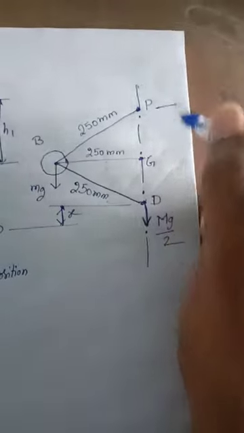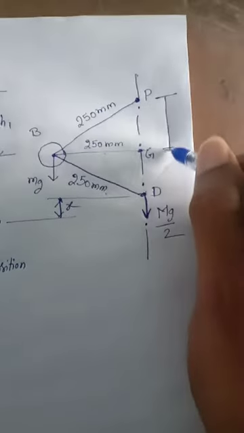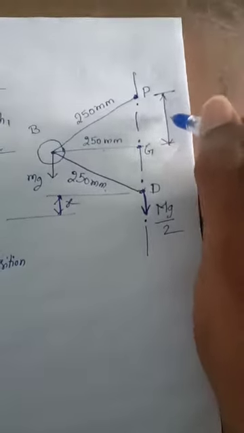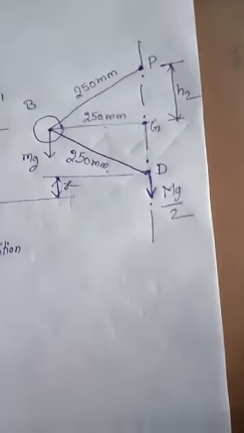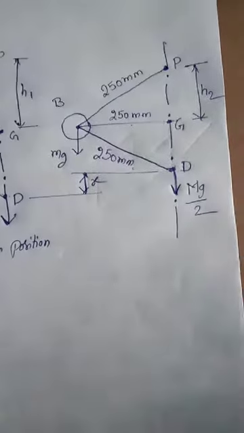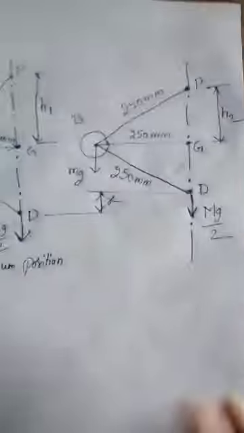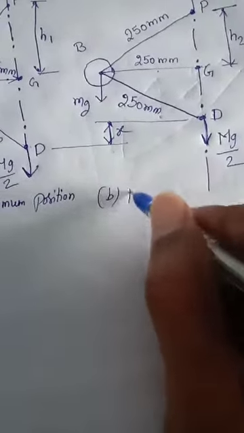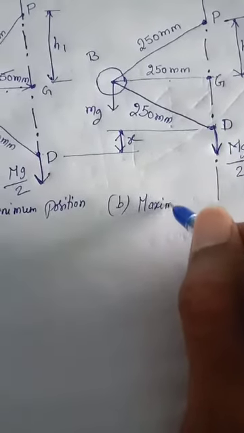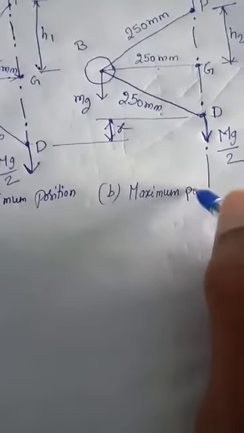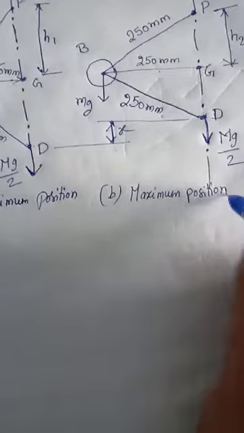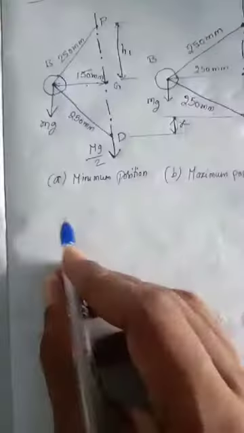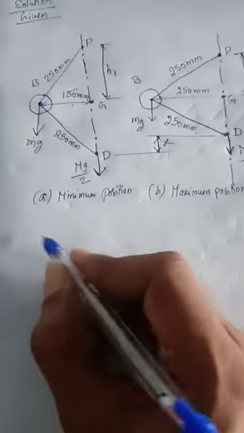Now P to G, this height is called h2. So now I am writing B, this is called the maximum position.